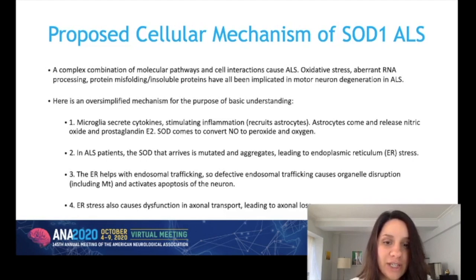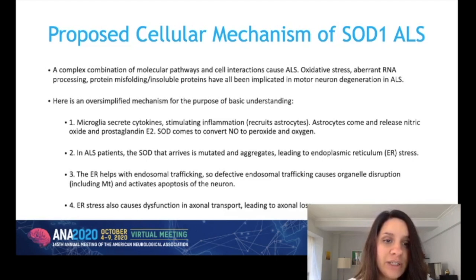For basic understanding, I compiled this oversimplified mechanism. So microglia secrete cytokines, which stimulates inflammation, recruiting astrocytes, and the astrocytes release nitric oxide and prostaglandin E2. So far, this is all normal functioning of the cells.